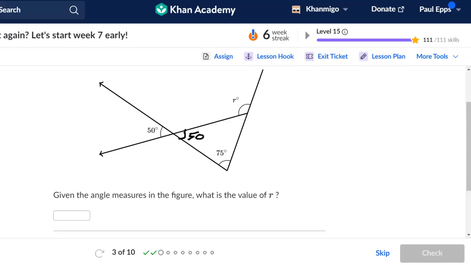We know two of the angles, 75 and 50 is 125. So this angle right here is going to be 180 minus 125. What is that? 55. So that's 55.